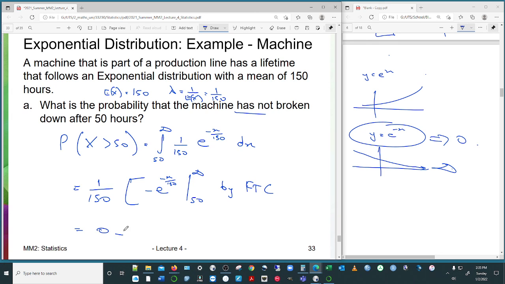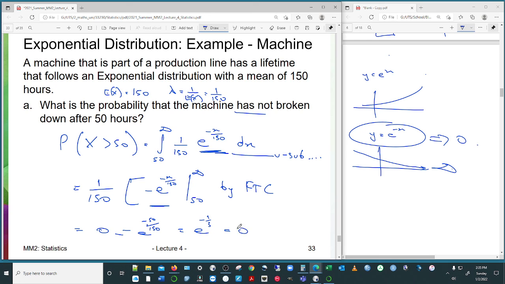So again, we end up with... Now, why am I asking you to do that one? Because that integral, this integral here, a lot of students still can't do U substitutions. Okay, forget about the infinity part, just doing the U substitution.